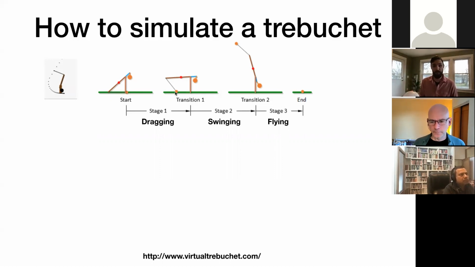Then at some point, the arm lifts the projectile up off the ground and starts hurling it around, whipping it around. And then thirdly, it will release. And at that point, we're at fully ballistic trajectory, right? And within each of these stages, we can fully describe the equations of motion.